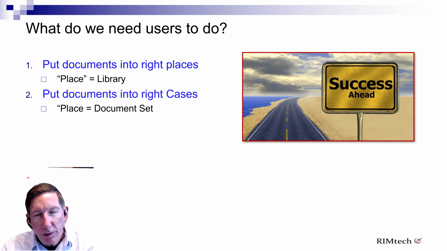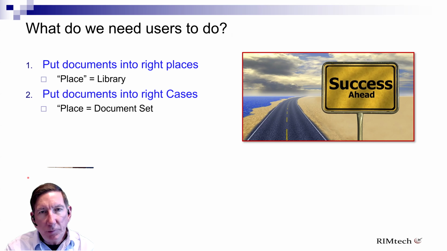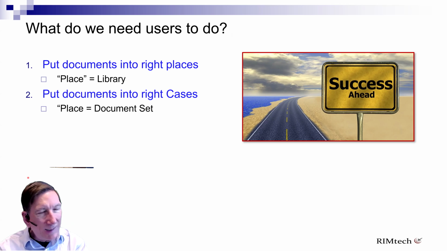Number 2 is we need users to put documents into the right cases. What the heck is a case? A case is a set of related records that I call an adventure, and I'll explain them in more detail in a few minutes. But the place in SharePoint, and again, only if deployed properly, is a document set.